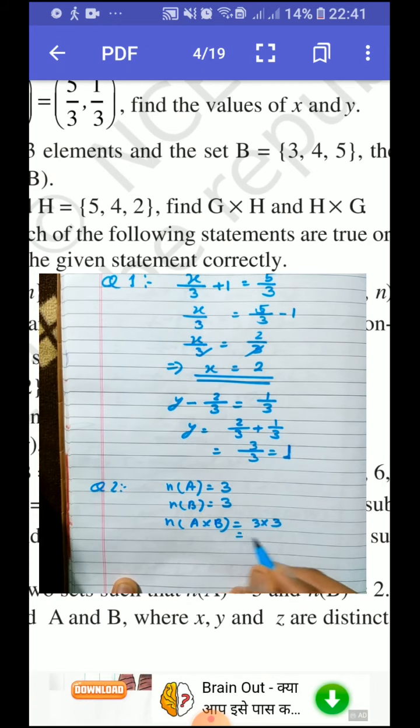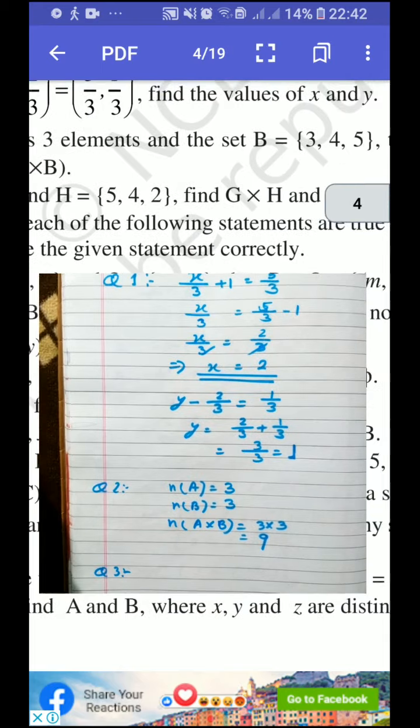Now come to question number three. We have been given a set G having elements 7, 8 and H having elements 5, 4, 2.